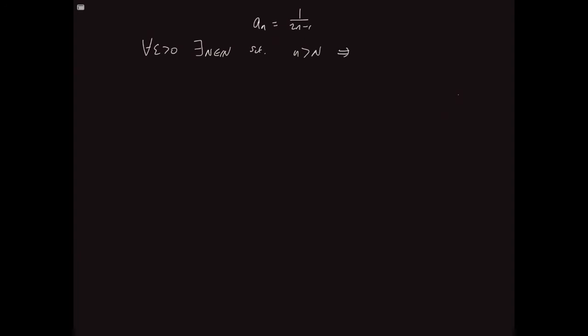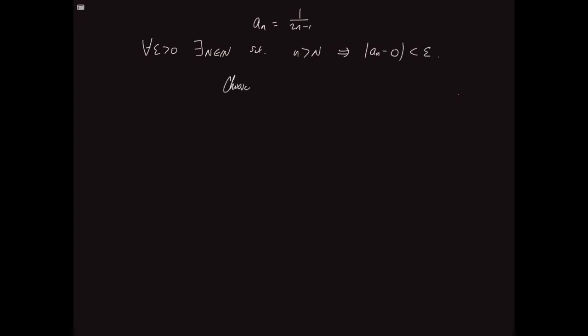So again, just to recall, we've got a_n equals 1 on 2n minus 1. We want to show that for all epsilon greater than 0, there exists a capital N in the natural numbers such that n greater than capital N implies that the difference between the sequence and that limit of 0 that we've guessed is tiny.